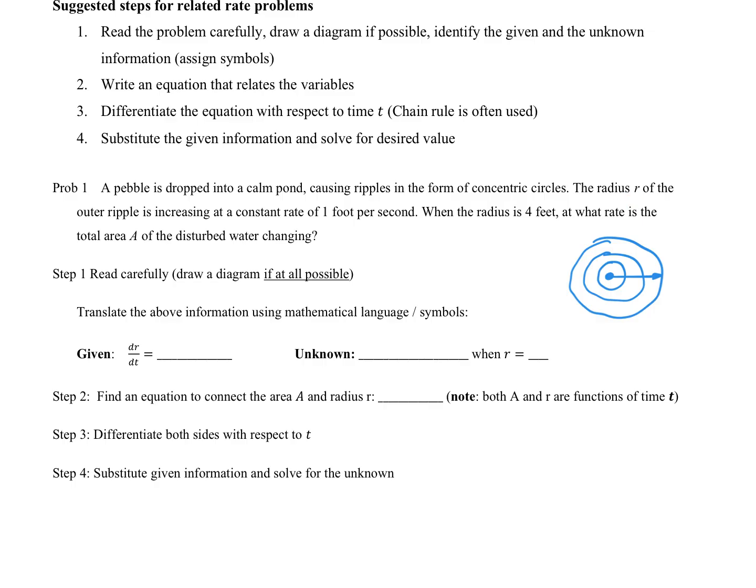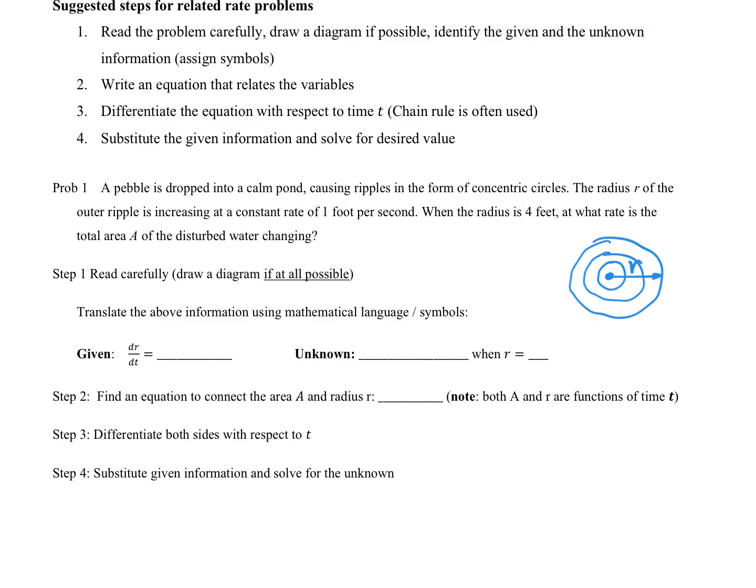It's very intuitive to assign the distance from the center to the outer circle as r. It's definitely increasing, and we know that it's increasing at a constant rate of 1 foot per second. And of course, when this circle is getting larger and larger, the area is getting larger and larger. So the question is, at what rate is the area increasing when the radius is 4 feet?